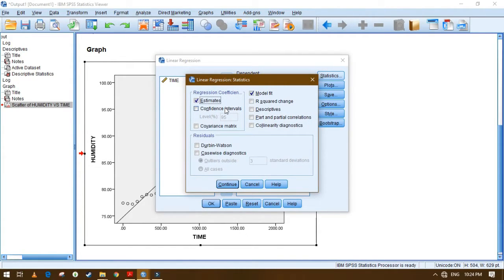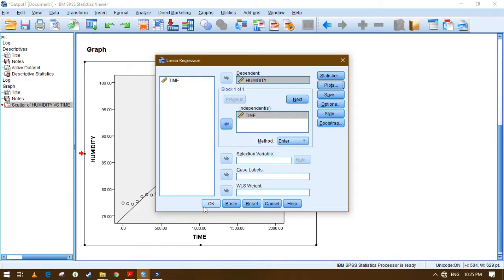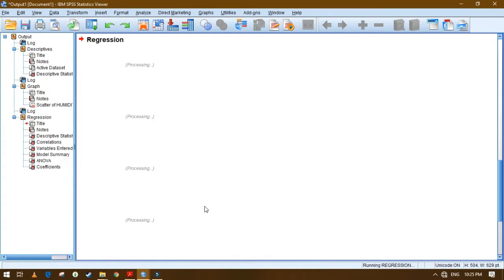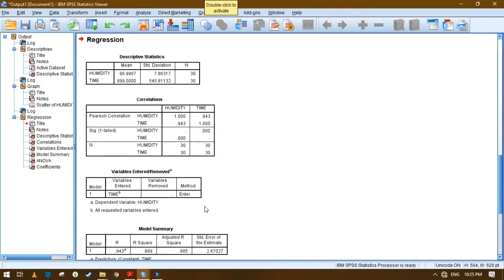And we set our confidence interval 95%. So we click. And we also need descriptive. And click on it. And then OK, click OK. The data will show here.